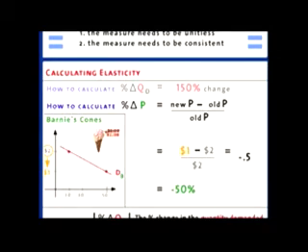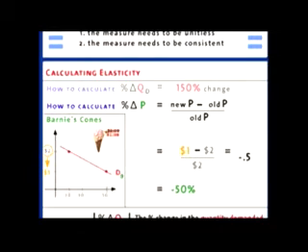Now, to calculate the elasticity of demand as we move from point A, the original price and quantity, to point B, the new price and quantity, we take the percentage change in quantity demanded, which is 1.5, or 150%, and divide that by the percentage change in price, which is negative 0.5, or negative 50%.